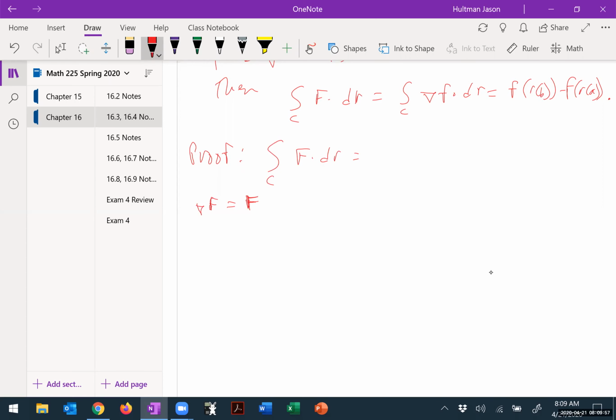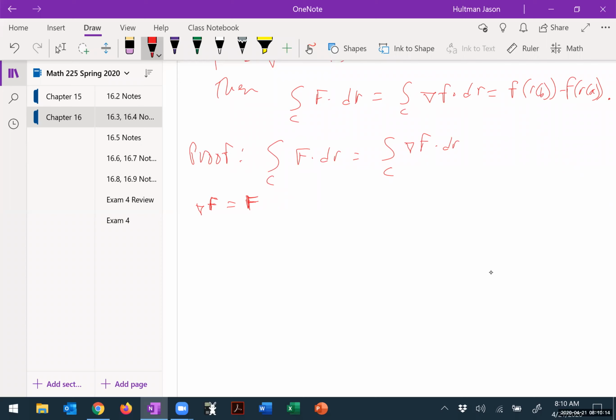So those two are equal. So this is equal to the line integral of del f dot dr.